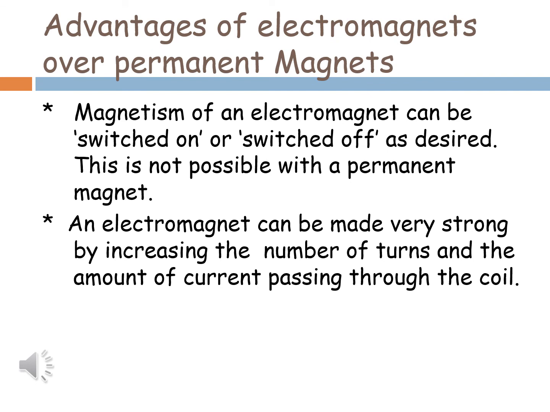solenoid. Now, what are the advantages of electromagnets over permanent magnets? The magnetism of an electromagnet can be switched on or off as desired. This is not possible with a permanent magnet, and an electromagnet can be made very strong by increasing the number of turns and the amount of current passing through the coil.